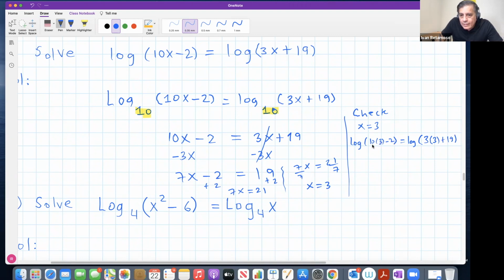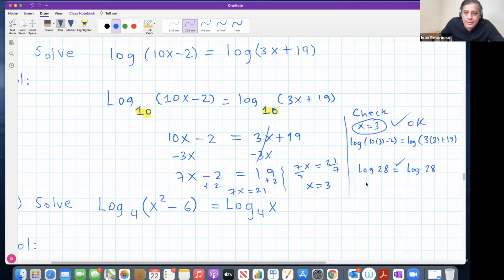All right. 10 times 3 is 30 minus 2, 28. On the other side, you have 3 times 3, 9. 9 plus 19, 28. Perfect match. So it means that this is correct. So the solution is okay.